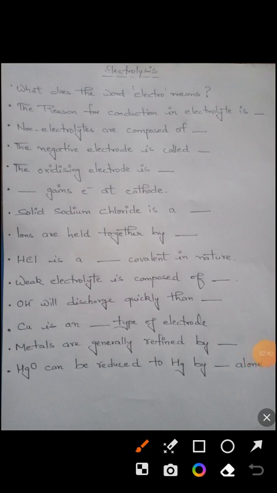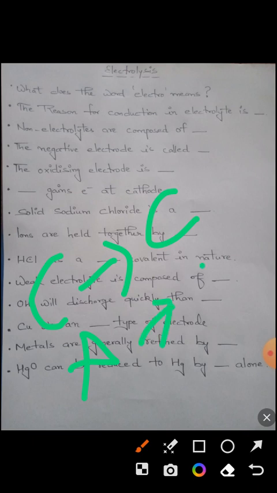Now see the next question. The negative electrode is called dash. Now I told you that what you have to remember in this is C goes to C and A goes to A. Now try to remember what is the charge on cation. Cation is positive. It means when it migrates toward cathode, cathode should be negatively charged. So the negative electrode here is cathode.